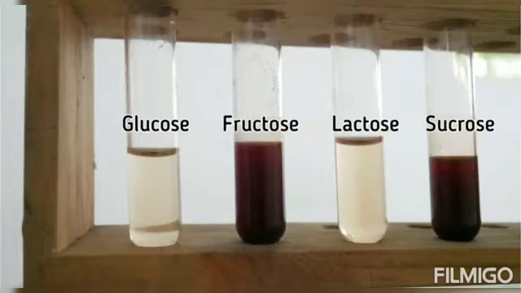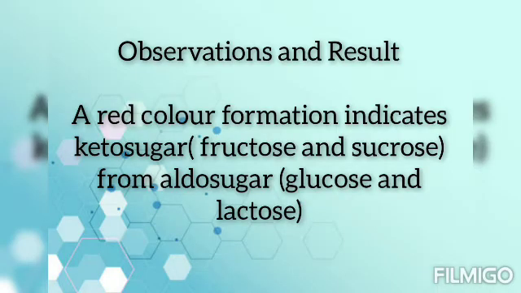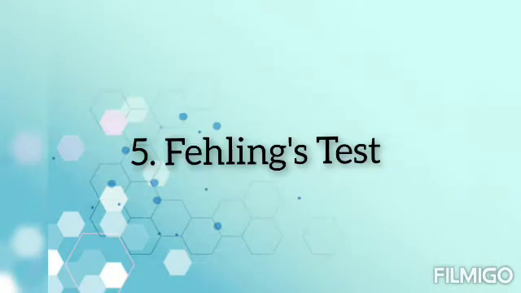A red color formation which indicates the fructose or the keto sugar. Observations and result. A red color formation indicates the keto sugar, that is the fructose and sucrose, from the aldose sugar, glucose and lactose. Then next is Fehling's test.